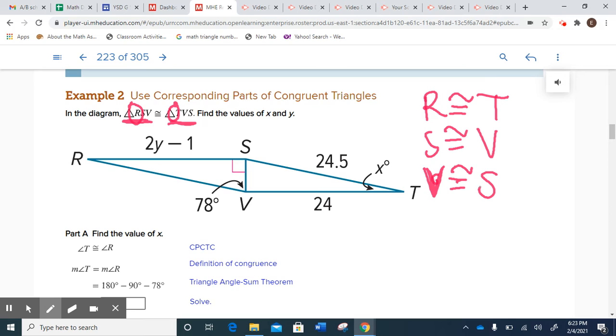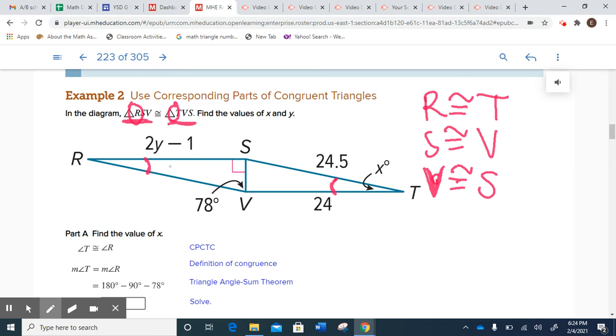Okay, so I'm going to go ahead and match up the congruent pieces. First thing I'm going to do is find out what angle R is, because I think that's going to help us here. I know that R and T happen to be the same, these two. But because there's no information on the right triangle, I'm going to solve the left one and know that R and T are going to be the exact same.